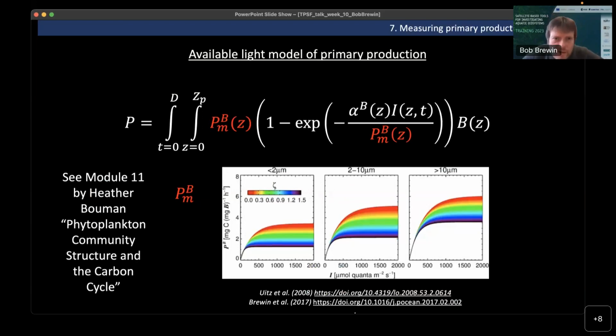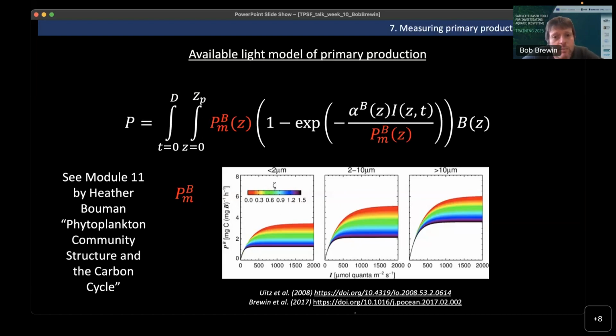Now, another technique is thinking about phytoplankton community structure. Next week, I believe Heather Bowman will be talking about that in Module 11. But what we typically see is that different communities of phytoplankton in the ocean photosynthesize at different rates.